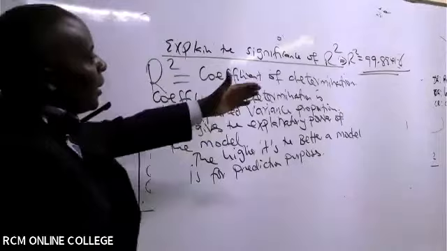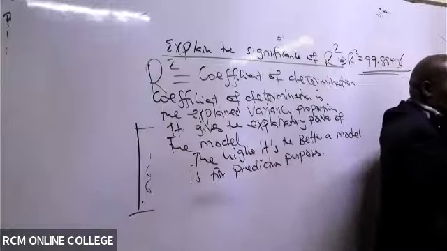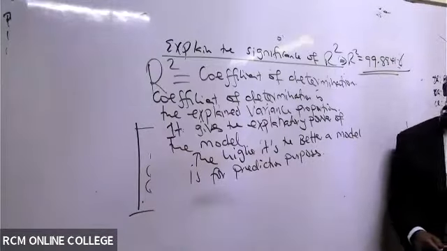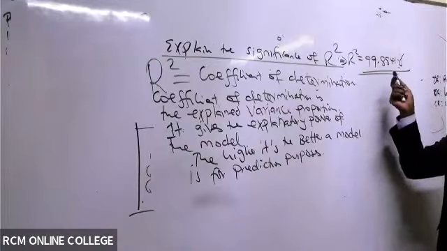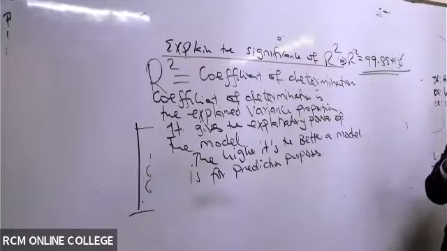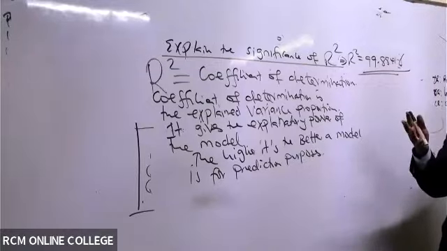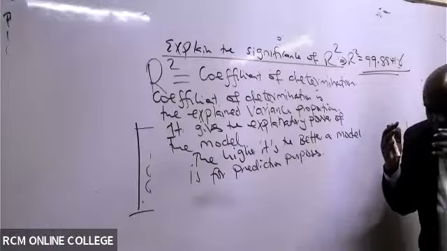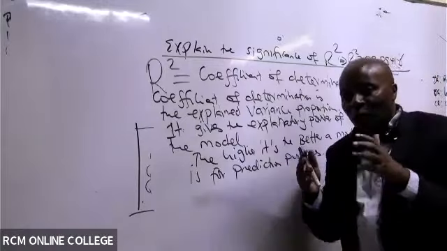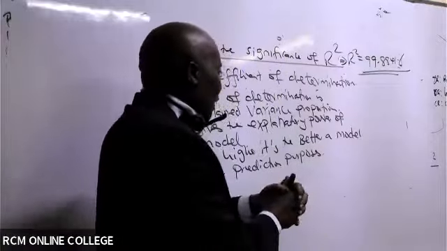You can see this is almost 100%, because 100% is the highest level for R squared. This is very high, meaning that our model has a very high explanatory power. So it means automatically that the predictions this model will give us will be very accurate.